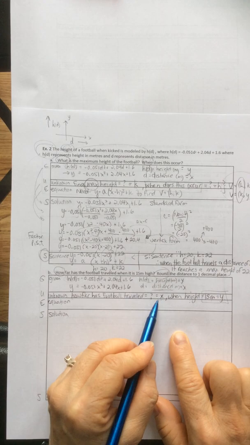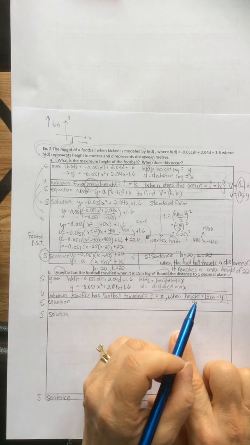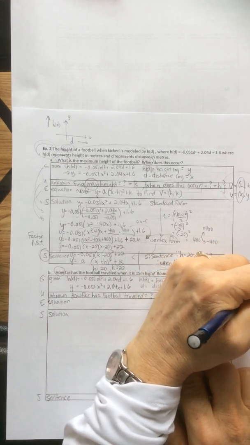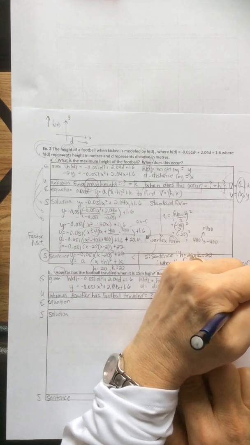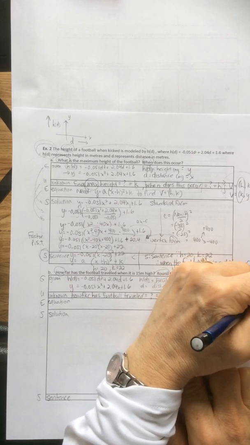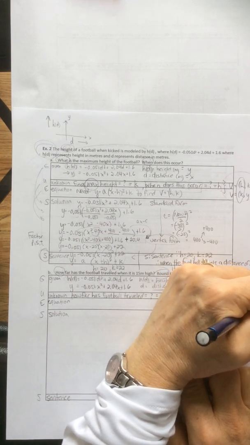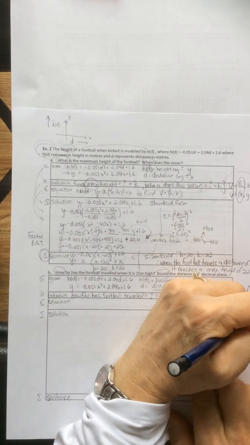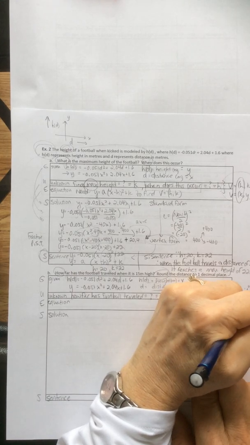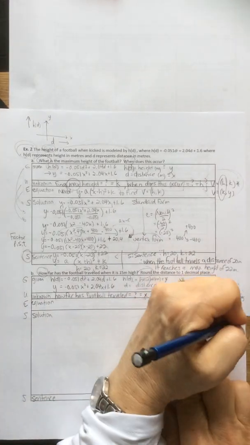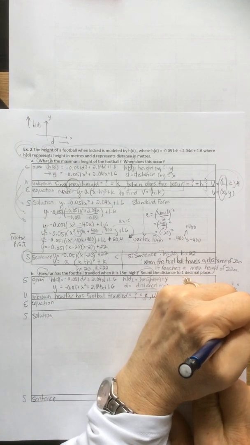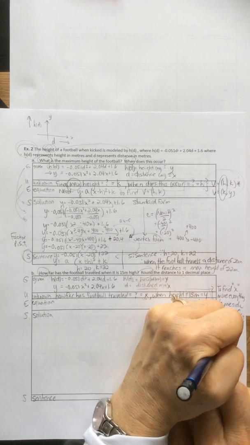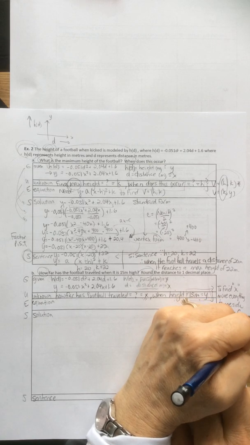If they give us a Y value, we have to find X. Now, if we have a Y value and we have to find X, move everything to one side and solve for X using factored form or quadratic formula.